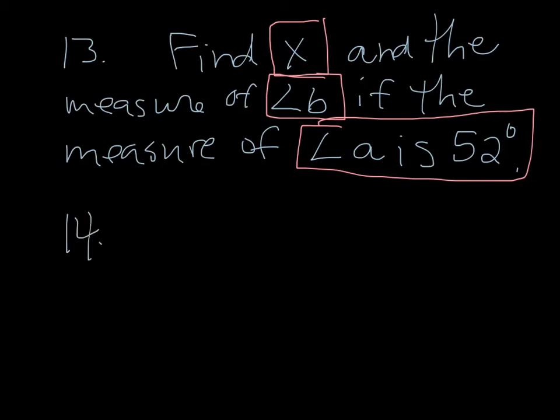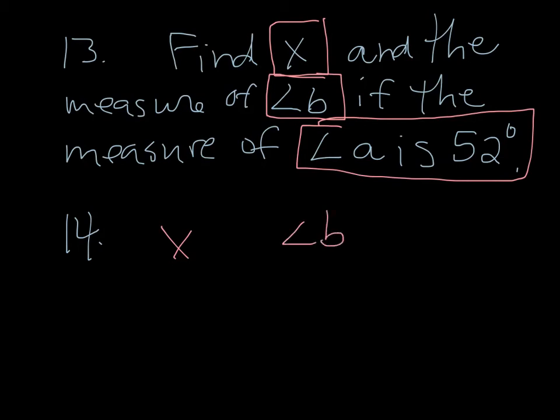So where it says refer to exercise 12, and then it says find blank and the, it should be find x and the measure of, and then it should say angle B, just like in the other one.